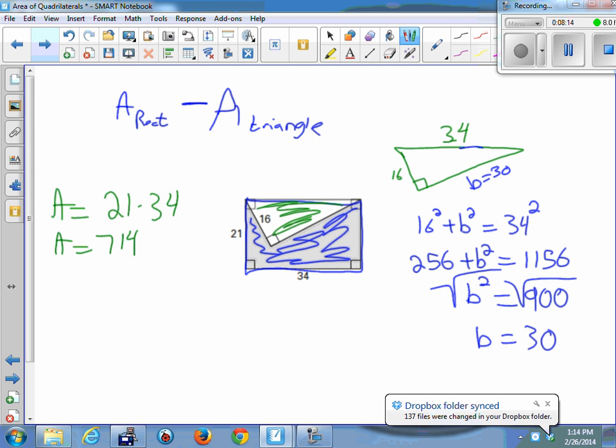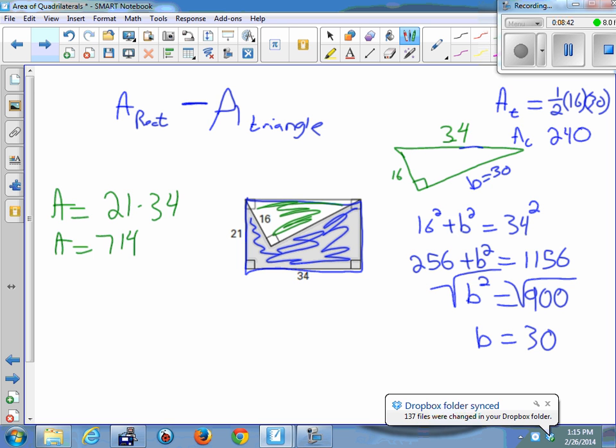So the area of my triangle is 1/2 my base, which is 16, times 30. All right, so we take 1/2 times 16 times 30, it will give us 240.